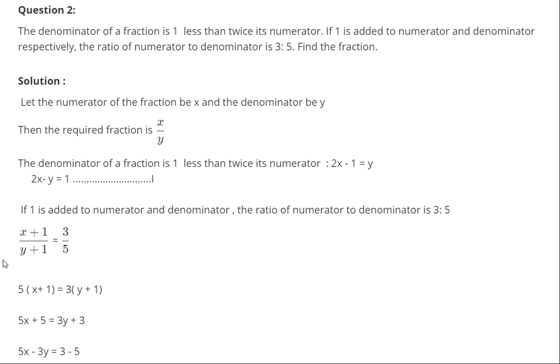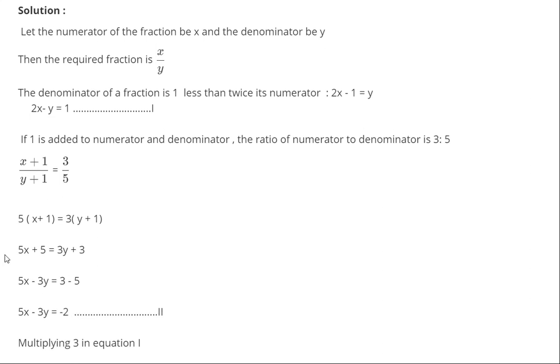Now in order to get an equation, I cross multiply it. 5 is multiplied by x plus 1 and 3 is multiplied by y plus 1. 5 into x, 5x. 5 into plus 1, plus 5. 3 into y, 3y. 3 into 1, 3. 5x, this plus 3y will move to the left-hand side and become minus 3y.